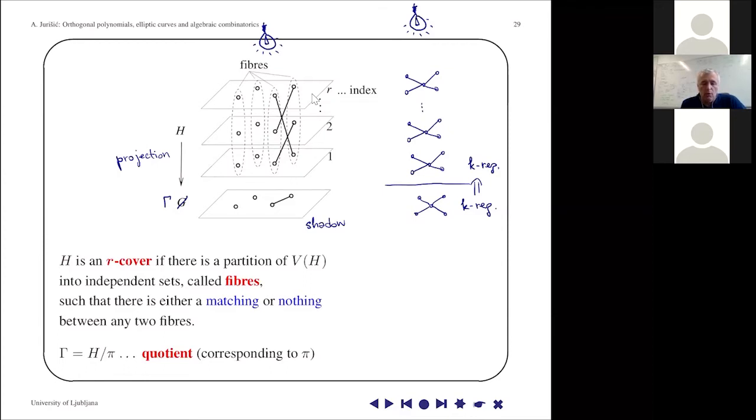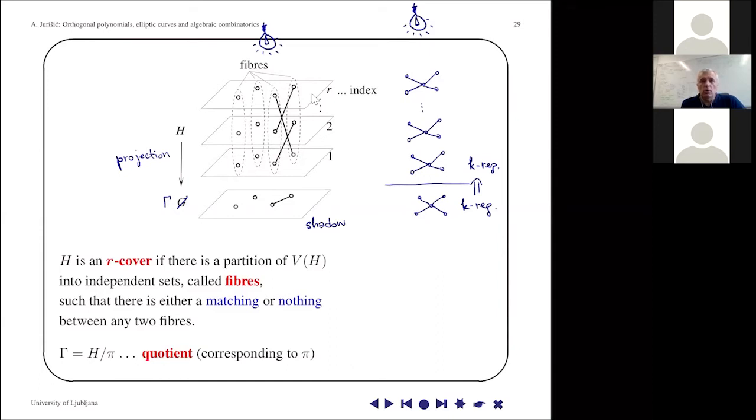And so of course this is also an equitable partition, because the fibers are independent sets, so they are regular, and between any two fibers these constants are equal, either 1 on both sides or 0. So this means that this is an equitable partition, and actually the graph below is the quotient.